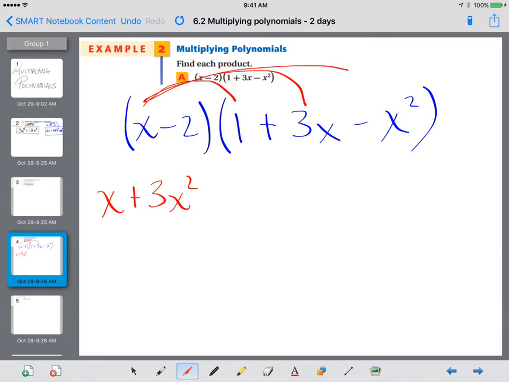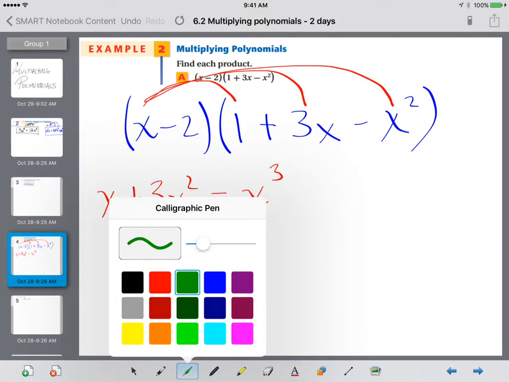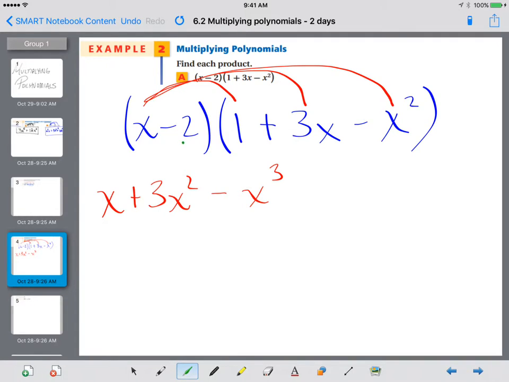And we have x times negative x to the second, which would be minus x cubed. Now we have negative 2 times 1. That becomes negative 2. Negative 2 times 3x, that would be minus 6x. And negative 2 times negative x squared would be a positive 2x squared.